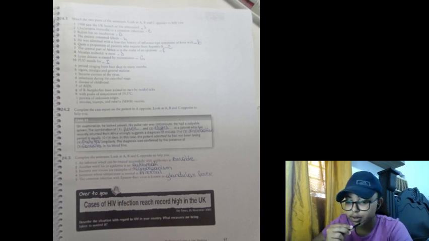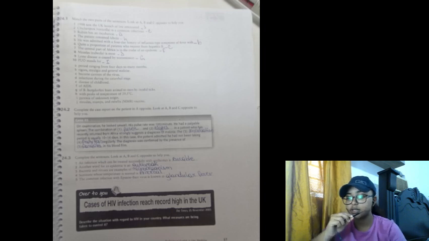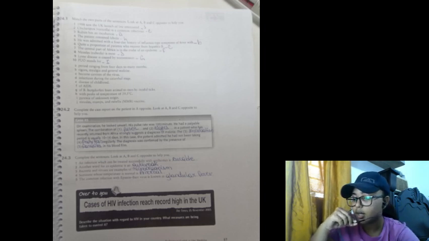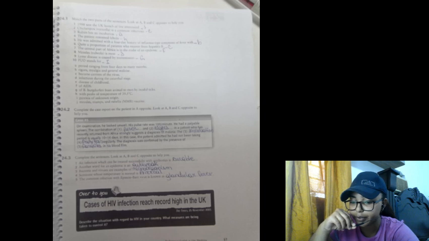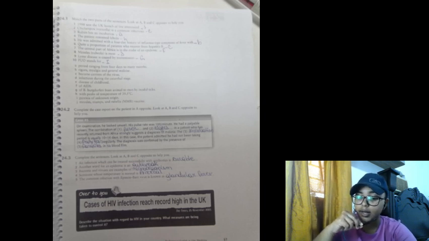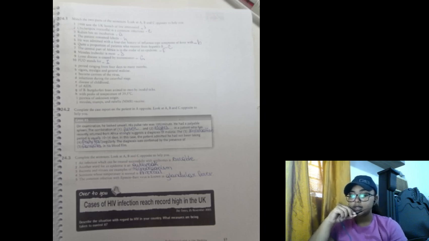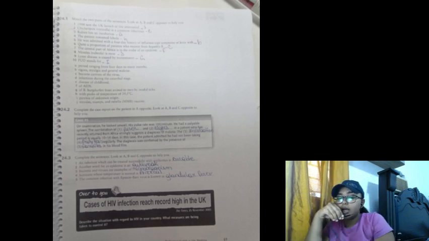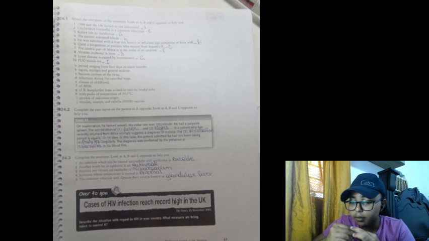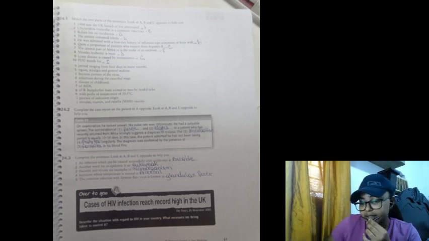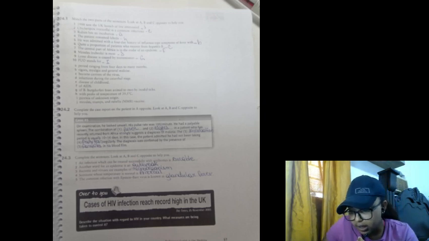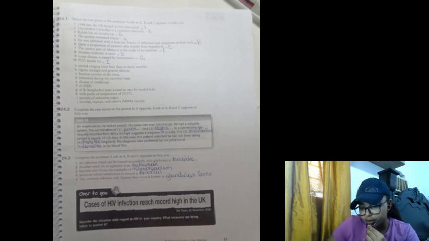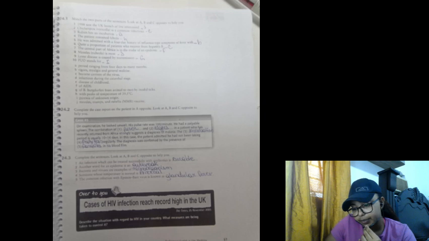Match the two parts of the sentence. Locate the A and B, and see opposite to help you. In 1988, the UK launch of live attenuated is matched with measles, mumps, and rubella vaccine.